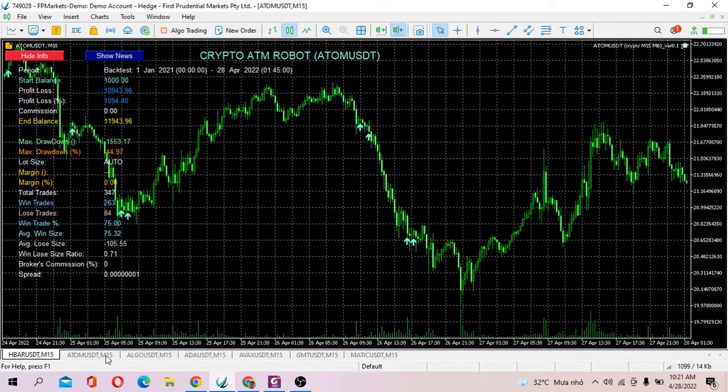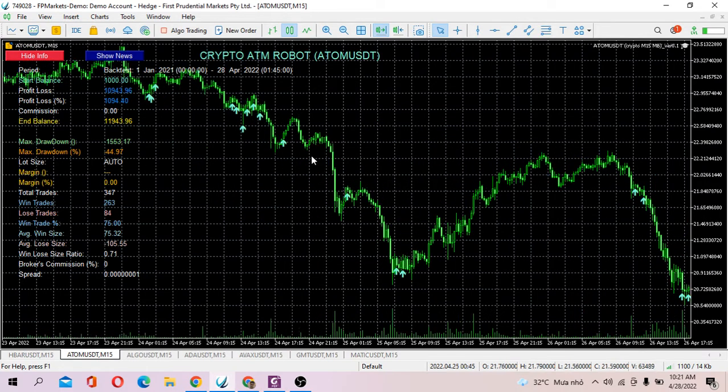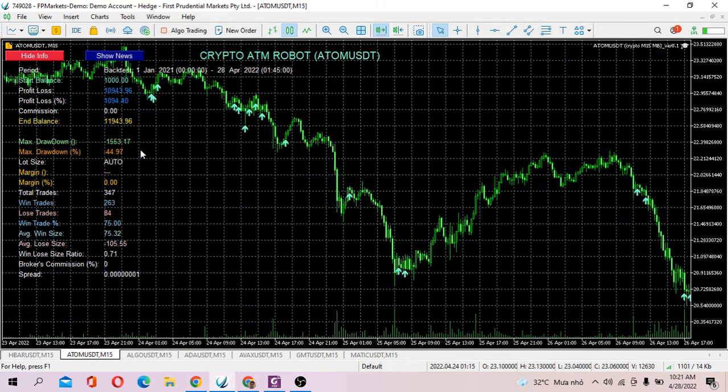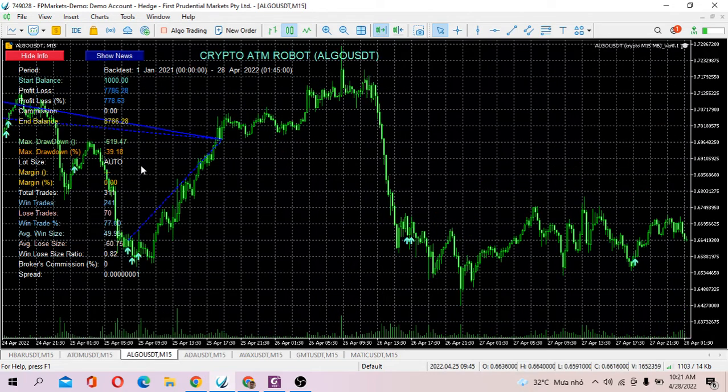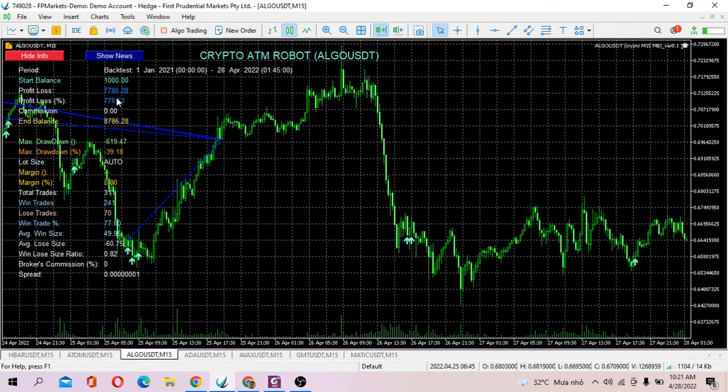Similarly, for this pair, the max drawdown is over 40%, but we know that at the end of the day we make money anyway. There's some fluctuation of the account balance, but it doesn't affect the end result much. For this one, similarly, the max drawdown is 40%, but the return is 7x.